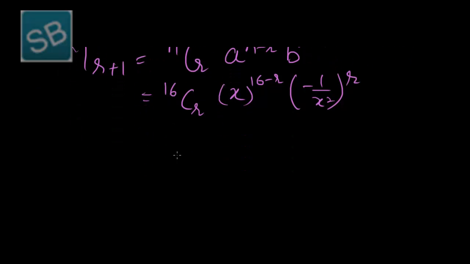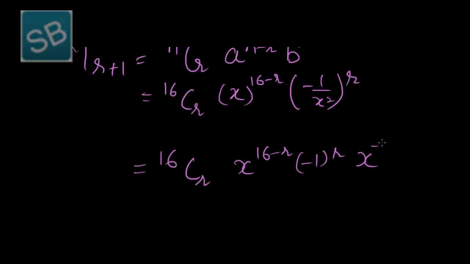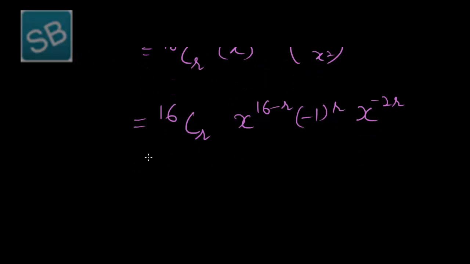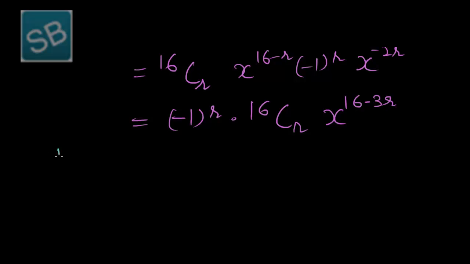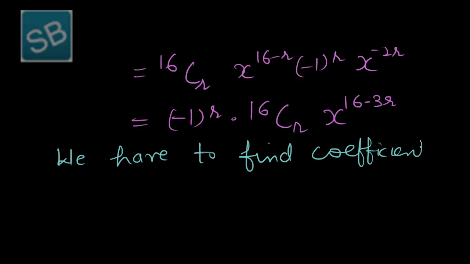So we will find out the power of x, that is 16Cr, x raised to power 16 minus r, minus 1 raised to power r into x raised to power minus 2r. So we get minus 1 raised to power r into 16Cr x raised to power 16 minus 3r. Now we have to find the coefficient of x raised to power minus 2.